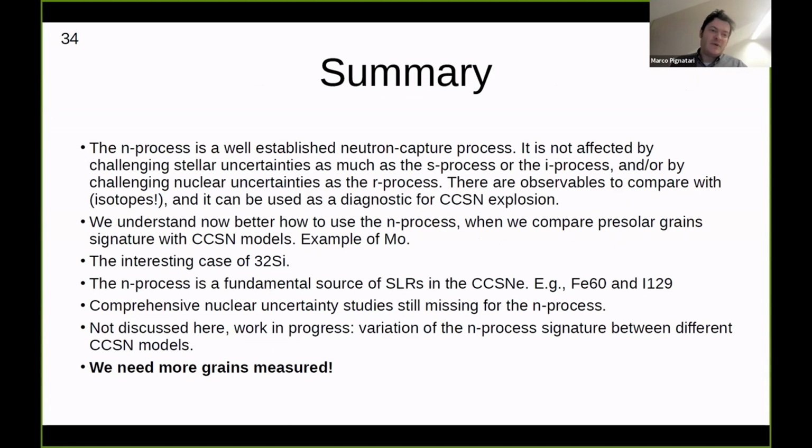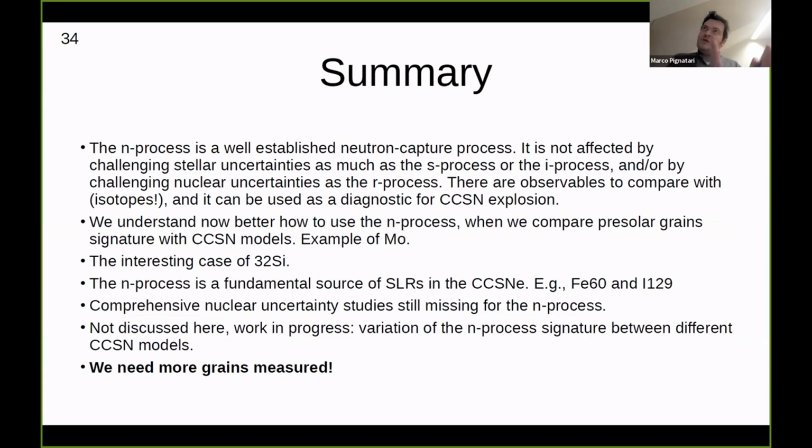Okay, so this is my summary. The n process has classically been there for decades, and it's really interesting because it's not affected by the stellar uncertainties that the s process or the i process have, such as how the carbon-13 pocket forms for the s process, or the drastic dependence that the i process predictions have on multidimensional hydrodynamic simulations.